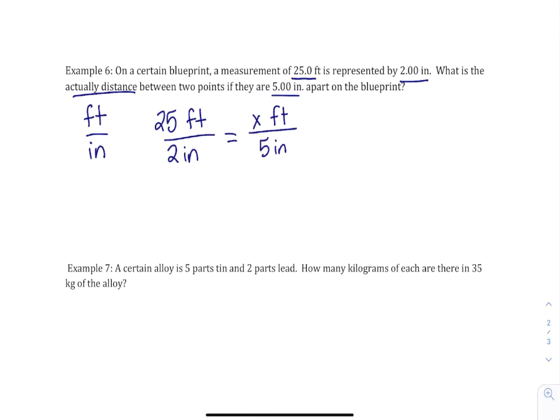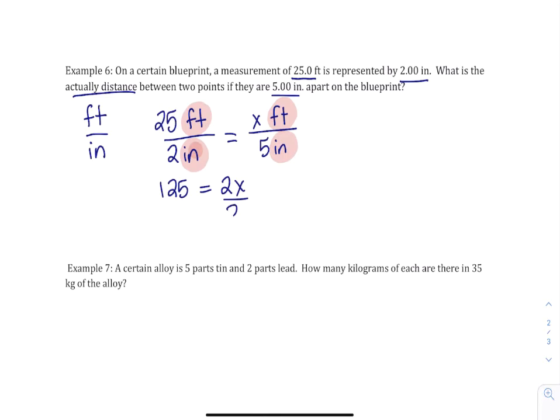So notice here that I have my feet in the numerator for both parts of these ratios, and my inches in the denominator in both parts. That's essential that you set these up consistently. Now, we don't have to pay attention to the units anymore now that we have set them up appropriately. So we cross multiply just looking at our numbers. 5 times 25 is 125, and 2 times x is 2x.